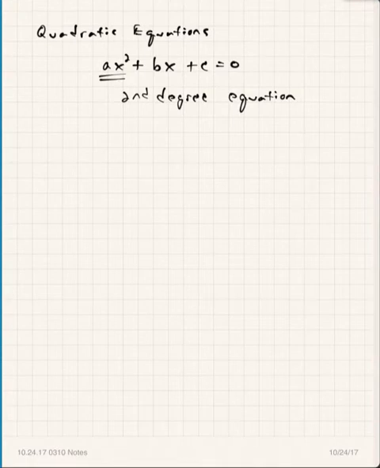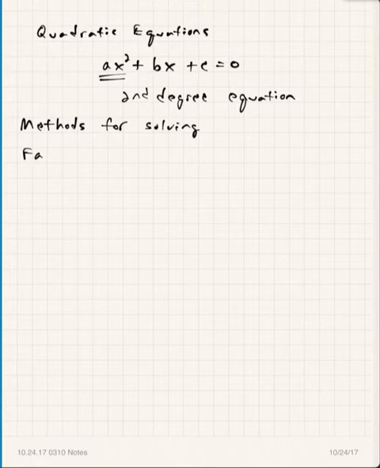So for solving these kinds of equations, we have talked about solving quadratics already. The first method that we have looked at and we've used frequently over the last month and a half of the semester is the factoring method, in other words, using what we call the zero factor theorem.